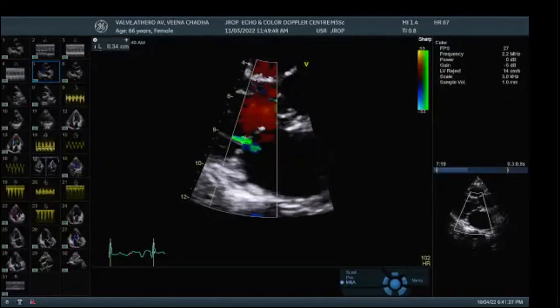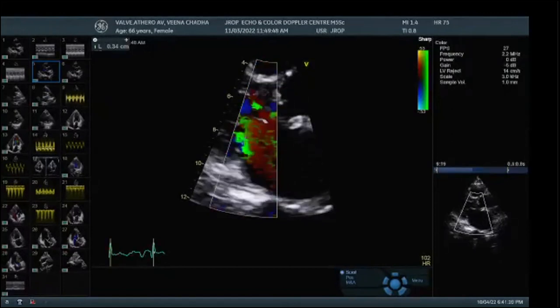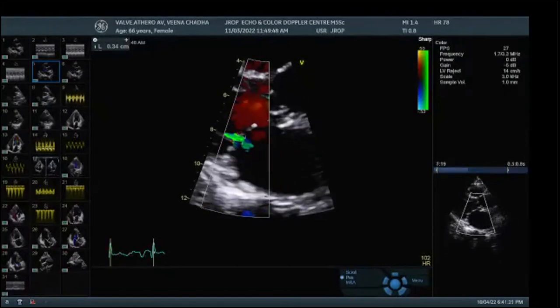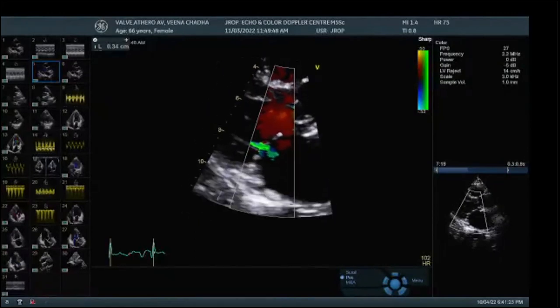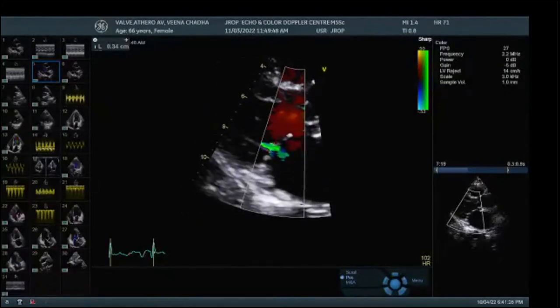If this width is more than 0.70 centimeter or 7 millimeter, then it is considered severe mitral regurgitation. The catch point is that my Nyquist limit has to be between 50 to 60. And this is the most standard definition for evaluation of mitral regurgitation.